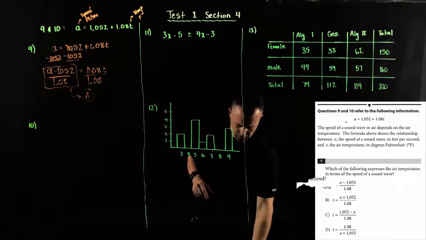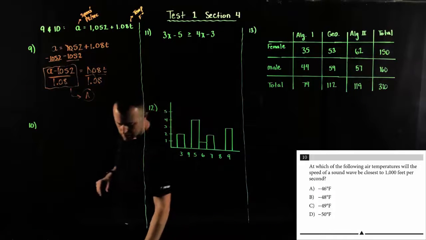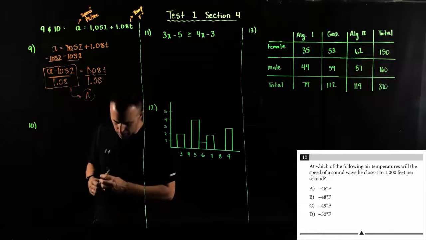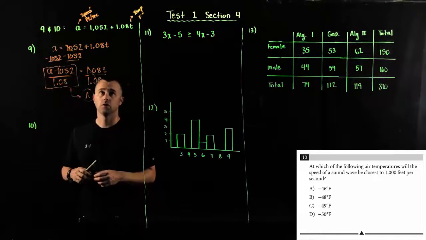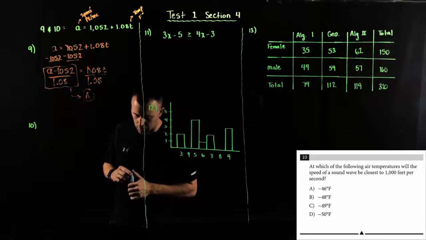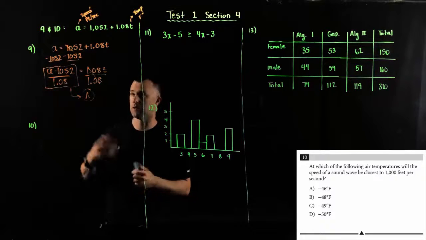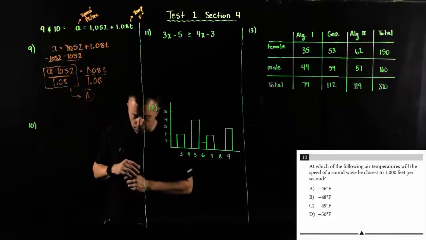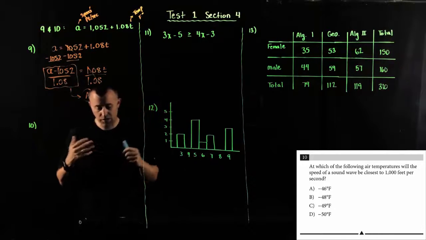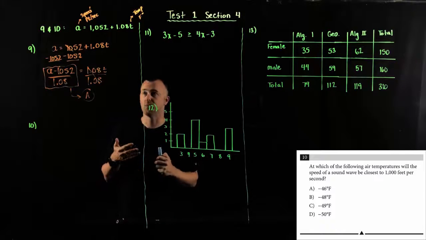So next up, we have number 10. Number 10 is asking us which of the following air temperatures, so I'm looking at temperature, which is T, will the speed of sound be closest to 1,000 feet per second. So they're actually giving me the speed of sound.